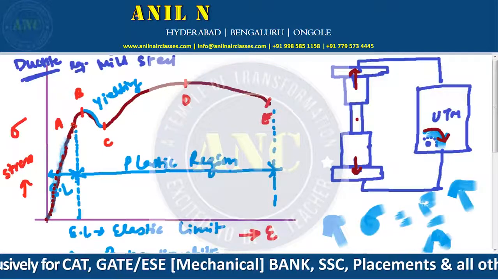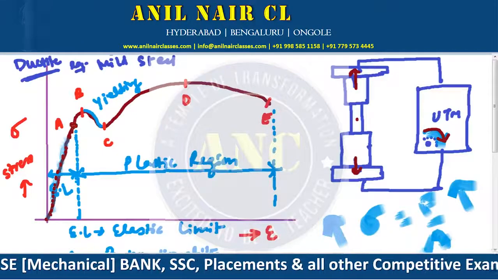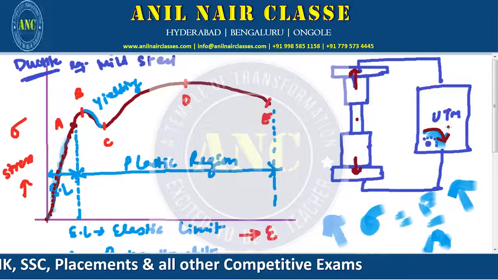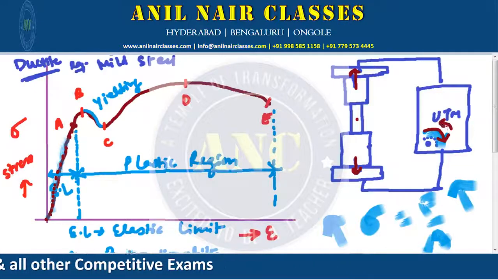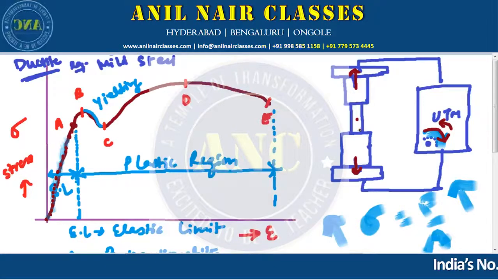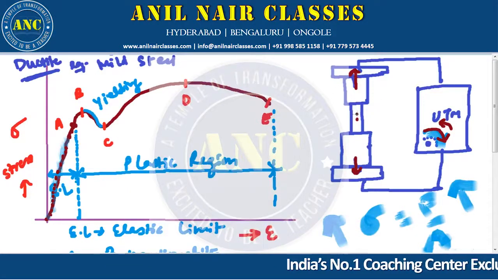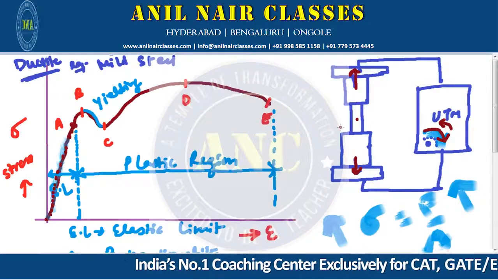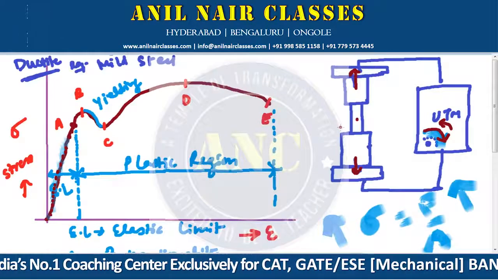So say at A, after coming to point A, you have returned back. You have decided that you will return back to 0. After returning back, you will take this dumbbell outside from the UTM machine.